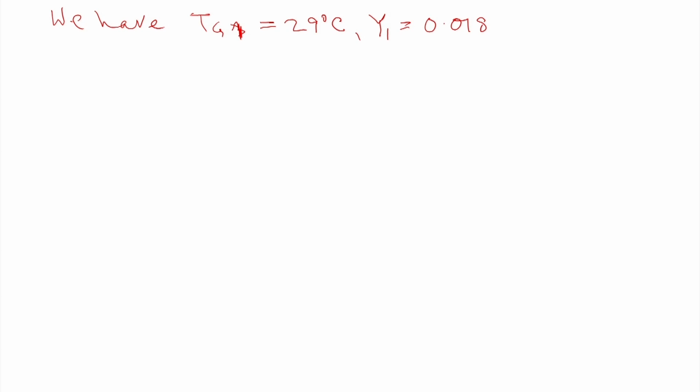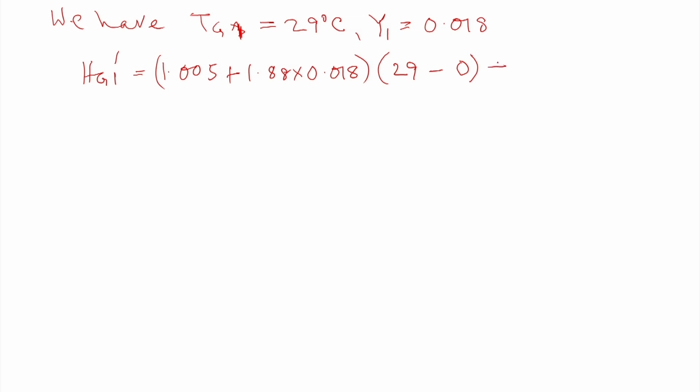Now, we can calculate the enthalpy value Hg1 prime using this simple formula: Hg1 prime is equal to 1.005 plus 1.88 into 0.018, into Tg1, that is 29 minus reference temperature 0, plus 2500 into Y1, that is 0.018.